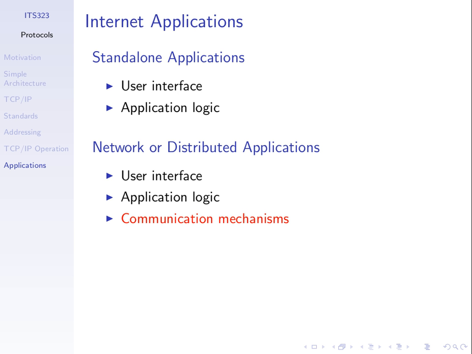They both have some user interface, they both have some logic, how to process HTML and so on, and they both have some ability to communicate, to send packets using HTTP in this instance. So that's the difference between, say, a standalone application that just runs on one computer and a networked or an internet application that works by communicating between instances of that application on different computers.